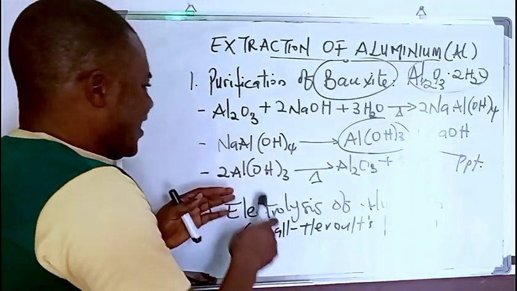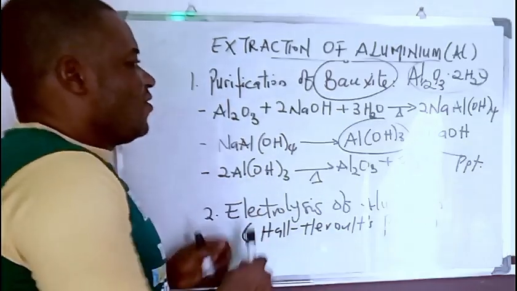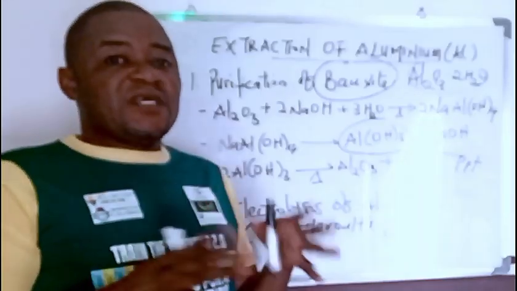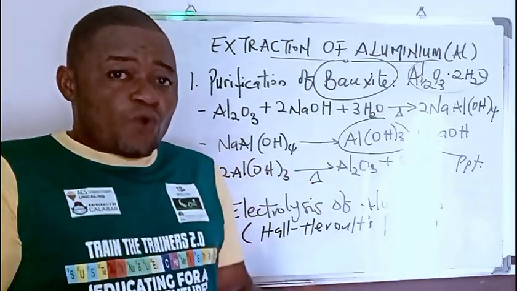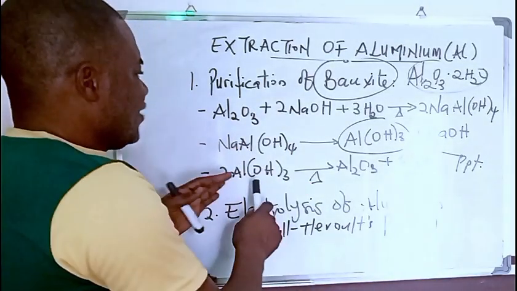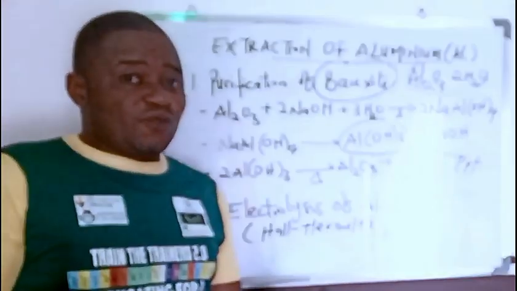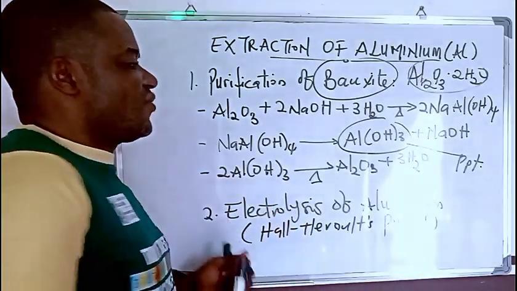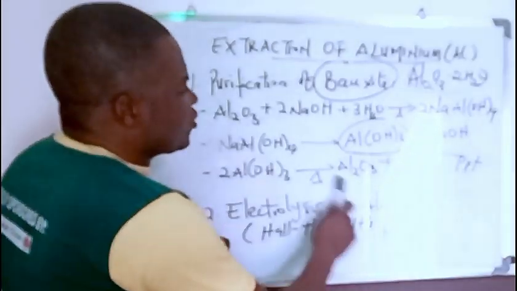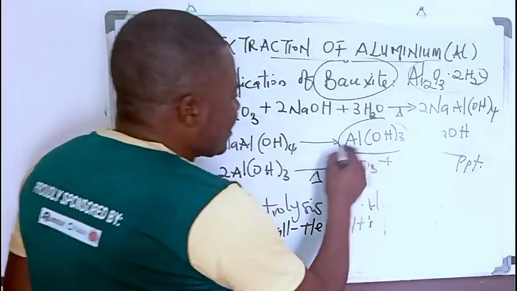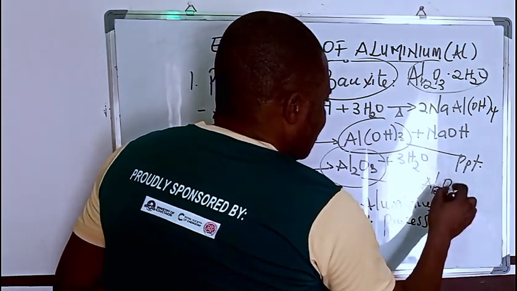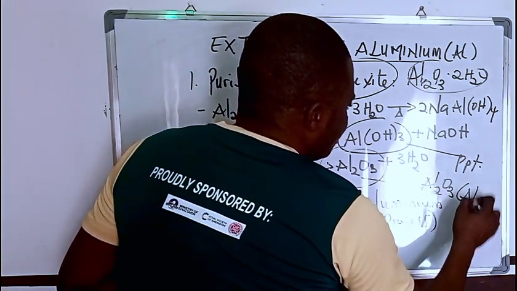So you carry out a pyrometallurgy, that is high temperature heating of this aluminum hydroxide after it has been filtered off, washed and dried, and you are going to have what is called alumina. This aluminum oxide is called alumina.